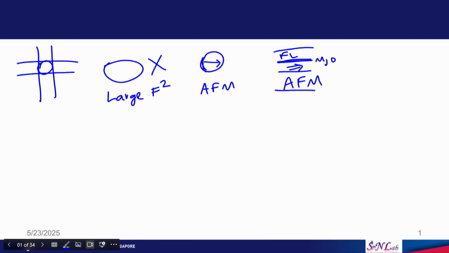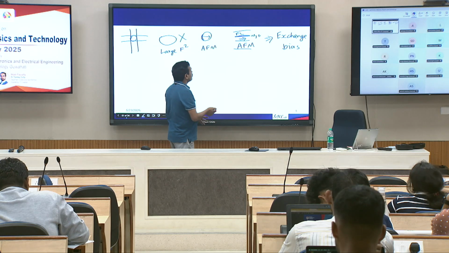Then we follow the recipe that we learnt and induce an exchange bias. So this is the simplest configuration of in plane MRAM.